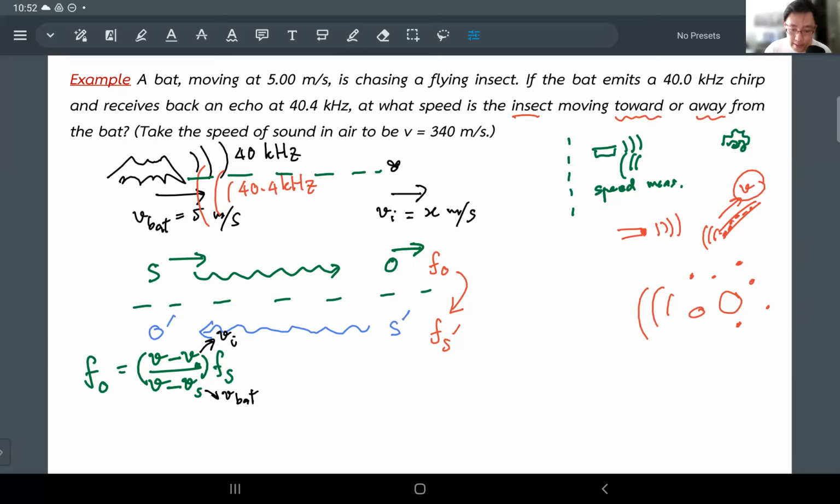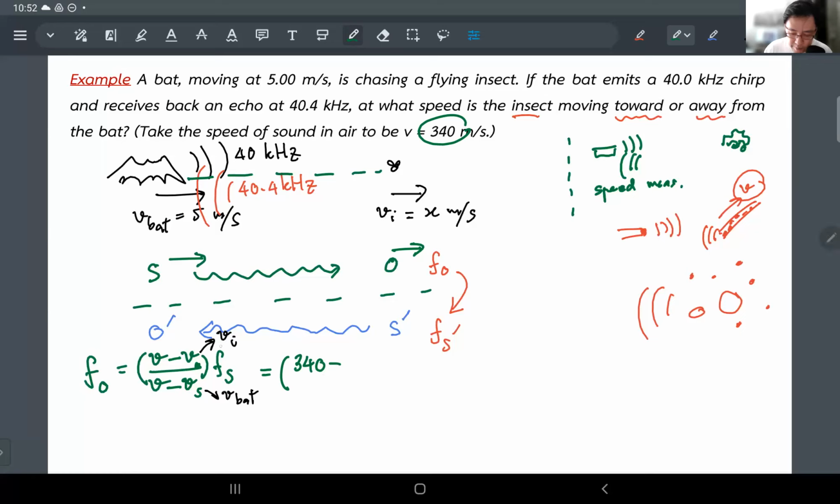All right. Now plug in the numbers. It's going to be equal to the speed of sound, which is given to be 340. So that's why it's 340 minus... I want to put the numbers in at this step because I just want to double check that everyone can see which number is supposed to go where.